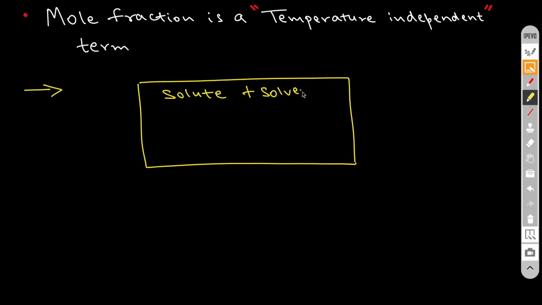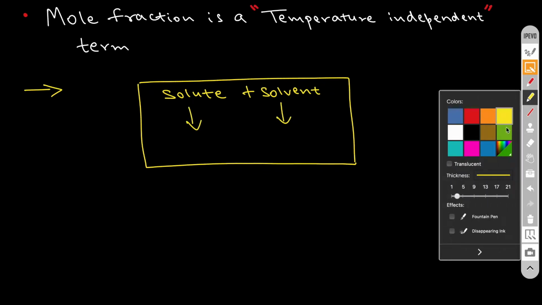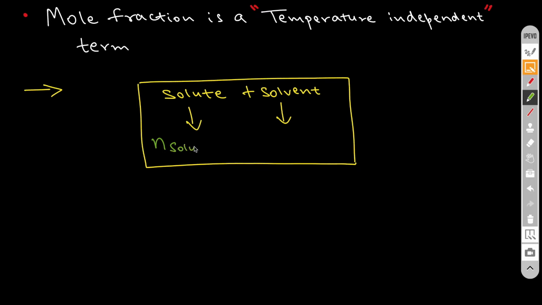Also, suppose we have a solute and a solvent present in a solution. We write moles of solute as n solute, whereas moles of solvent as n solvent. We'll write sigma n, the total moles, is equal to moles of solute plus moles of solvent.